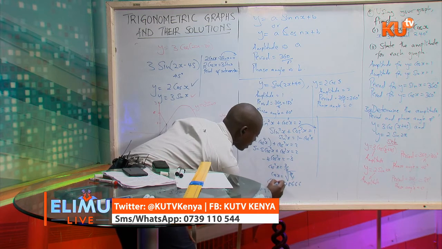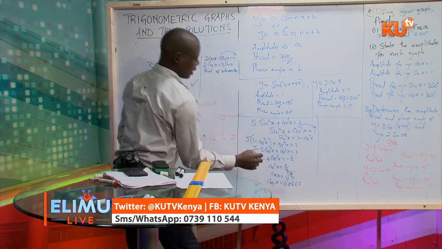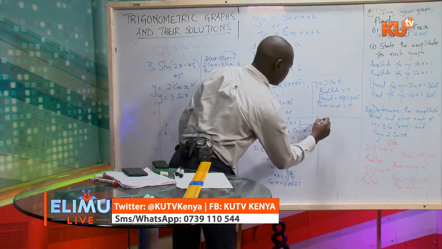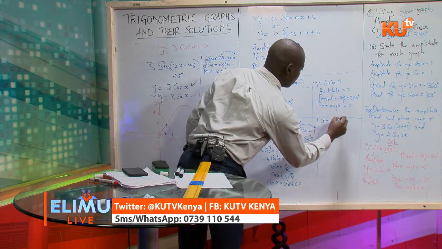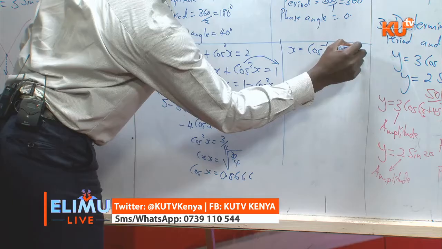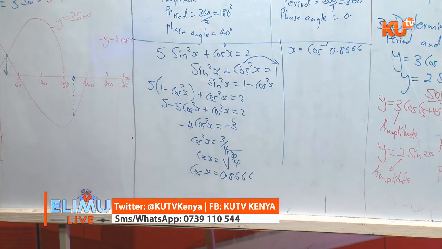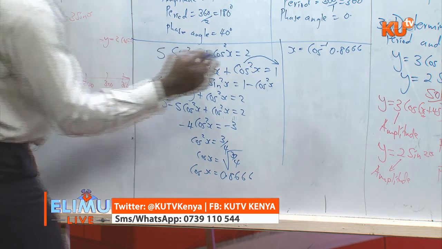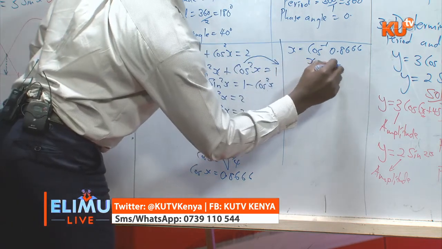So that is cos x. So to get x, get now cos inverse of that value. X is the cos inverse of 0.8666. What's the value? 30 degrees. X will be equal to 30 degrees.